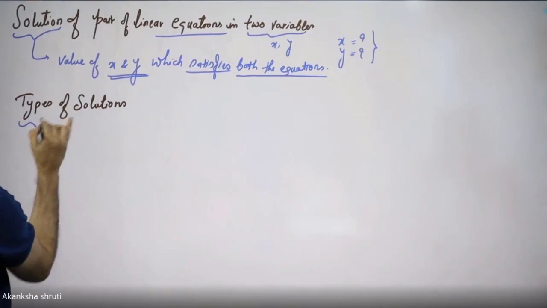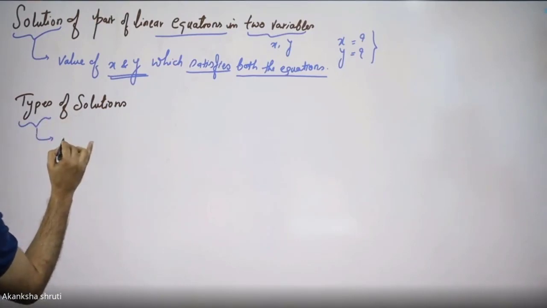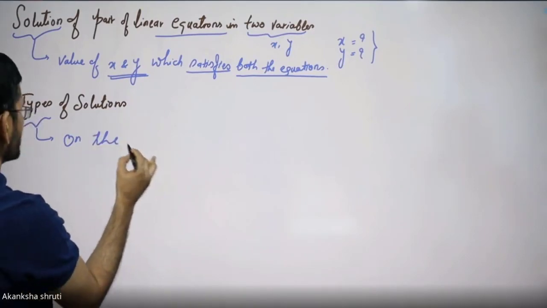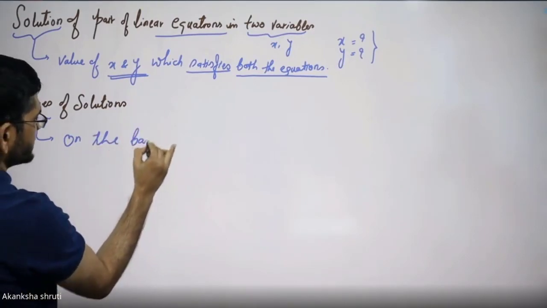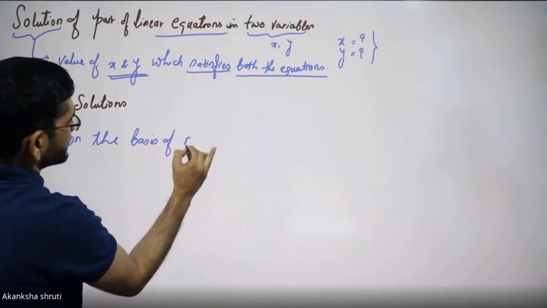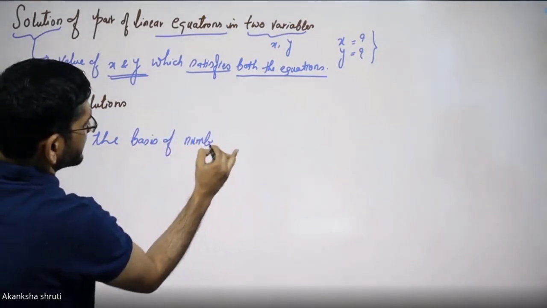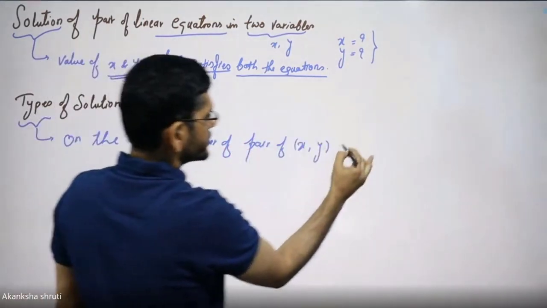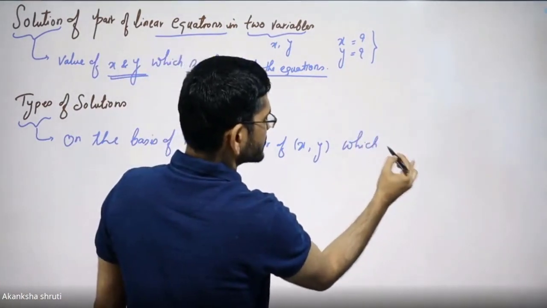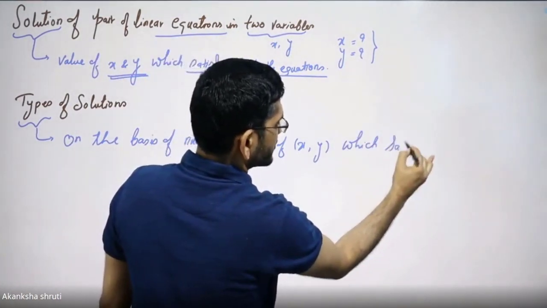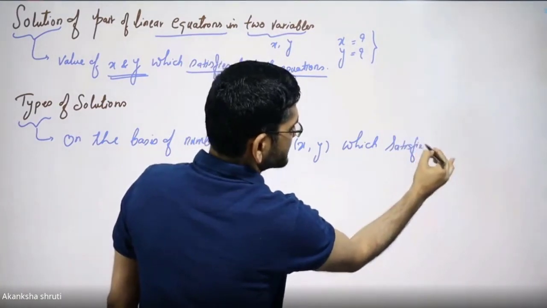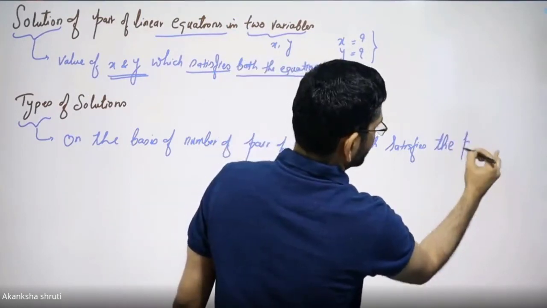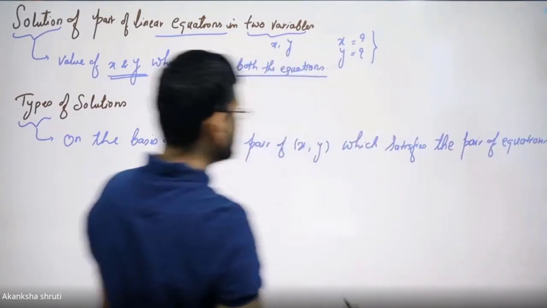So the type of solution of linear equations in two variables depends on the number of pairs of x and y which are possible, which satisfy the given two equations, the simultaneous equations, or the pair of equations. Okay, students?